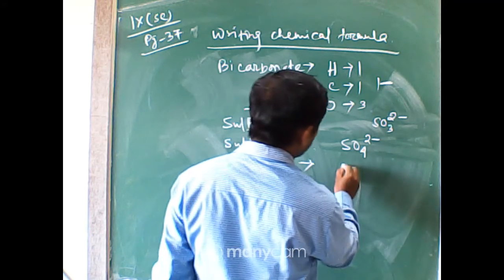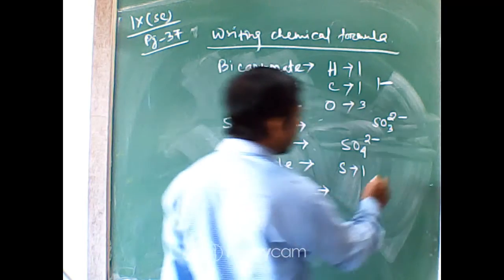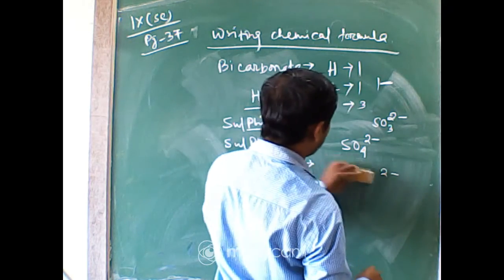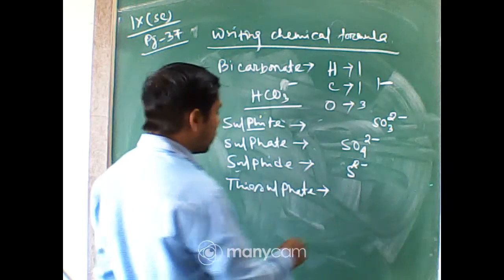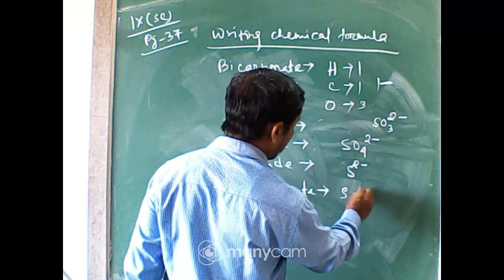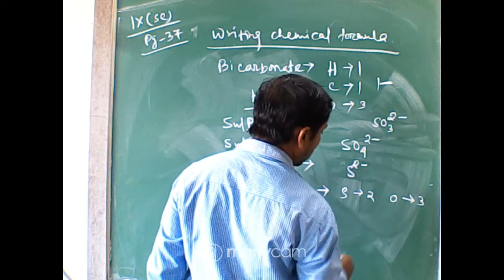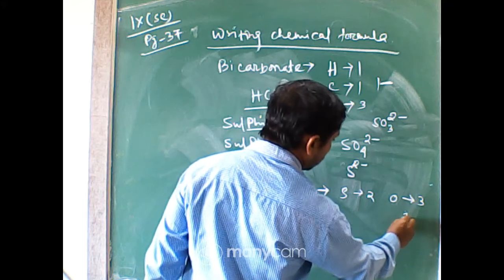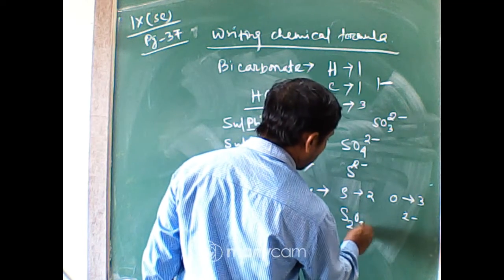Sulfide is only one sulfur atom S, but the charge is 2 minus. So, the representation will be S2 minus. And the last one, thiosulfate: here S equals 2 and oxygen equals 3, and the charge is 2 minus. So, the formula will be S2O3 2 minus.